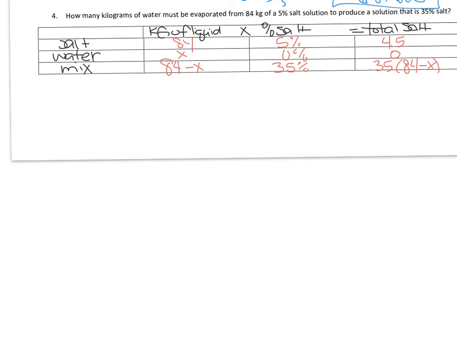Okay, so I'm going to take, just like before, 4.5 plus 0 equals 0.35 times 84 minus X. Distribute your 0.35. I have 4.5 equals 29.4 minus 0.35x, and then we just have our two-step equation to solve.